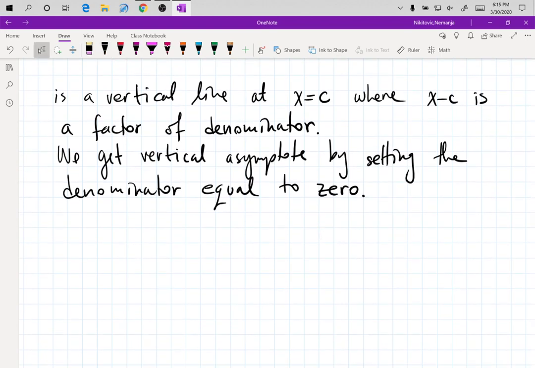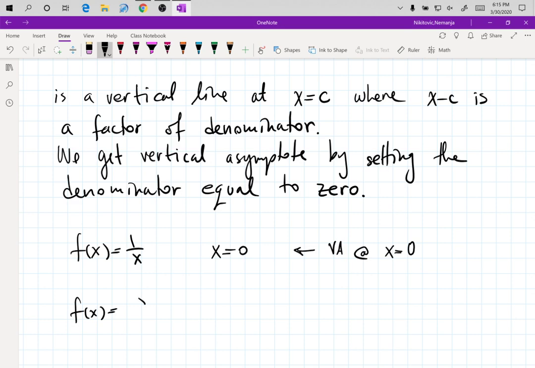So in our case, if we had f of x equal 1 over x, which was the easiest case, then we just say x equal to 0, and there it is, right? That's the vertical asymptote. Vertical asymptote at x equal to 0. Another example, let's say f of x is equal to 8 divided by x plus 3. Well, in this case, x plus 3 equal to 0.